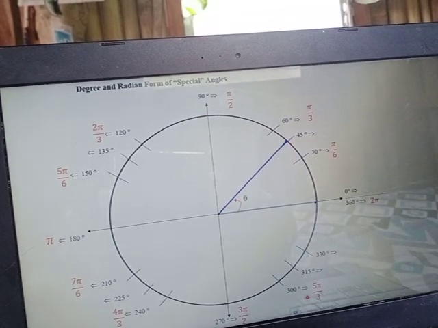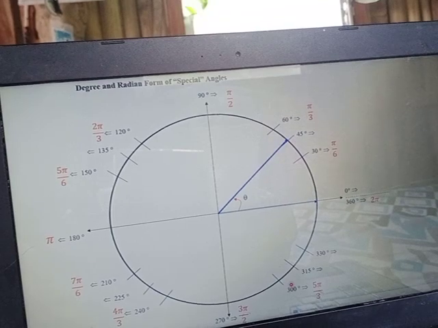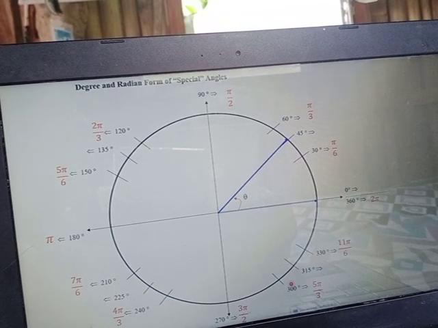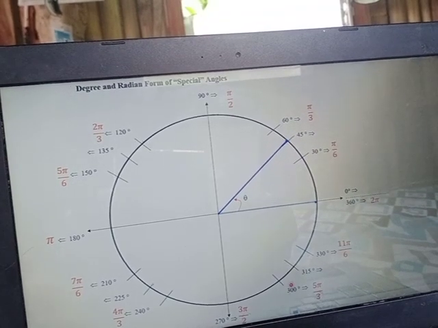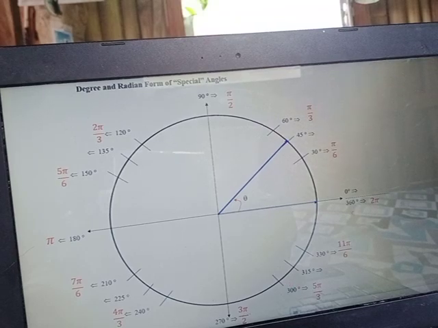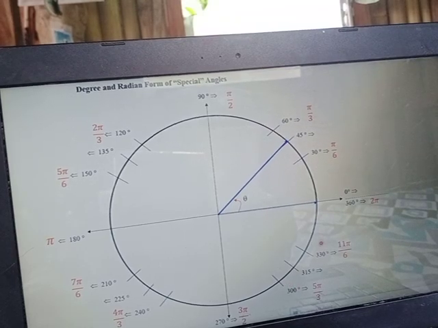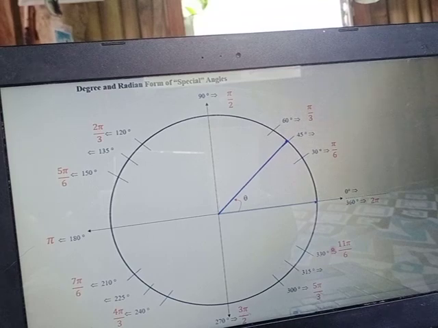And then we have 330. So we have 11 over 6, 11 pi over 6. So this is on how to use the unit circle on how to convert a radian into a degree using a special angle.